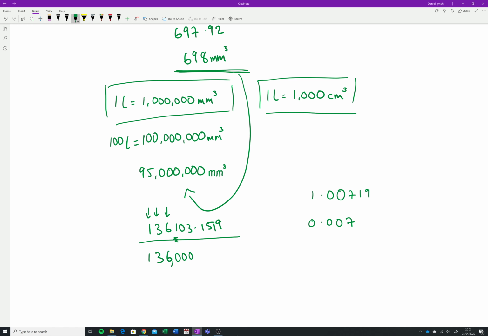If I were to put a 1 there, and say write this to 2 significant figures, this is the first significant figure, this is still the second. So you start where you have the first non-zero number. So this will be 1.0, it would just be 1. Just to get you a few little bits along the way. Did I actually answer the question? Hopefully I did. 136,000 is what I'm getting there.